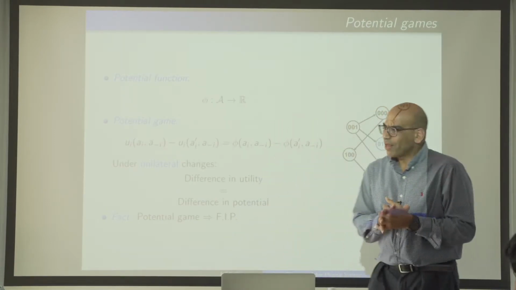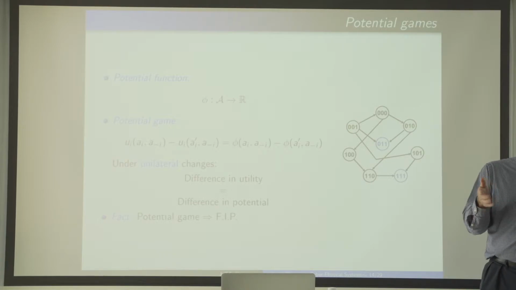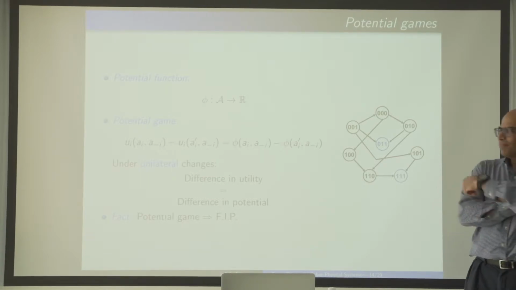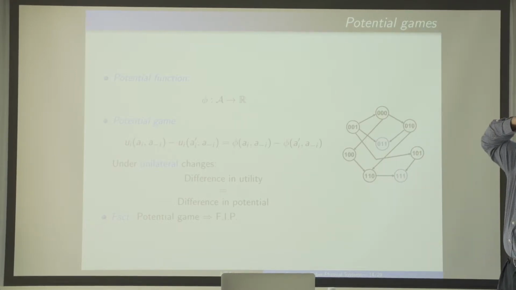And it turns out that there is a special class of games for which you can have a certificate that this has the finite improvement property without building the graph, okay? And this special class of games are called potential games. Yes? So for potential games, let's see.